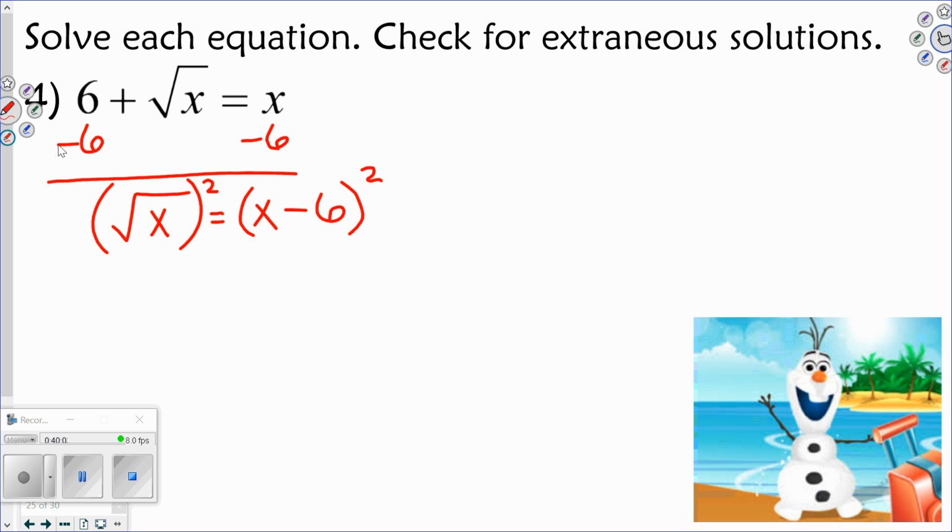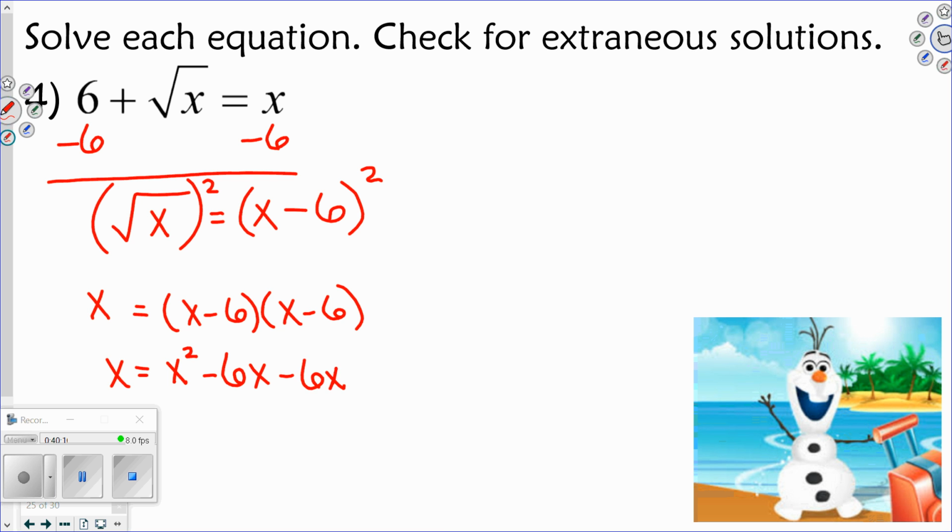So I get x equals, what does that mean? Yeah, that means I have two of them that I have to multiply together. So x squared minus 6x minus 6x plus 36. I have like terms. So x squared minus 12x plus 36.